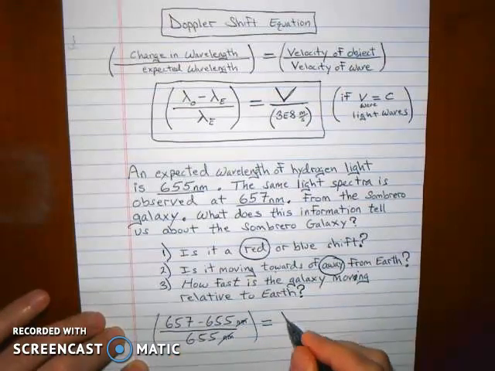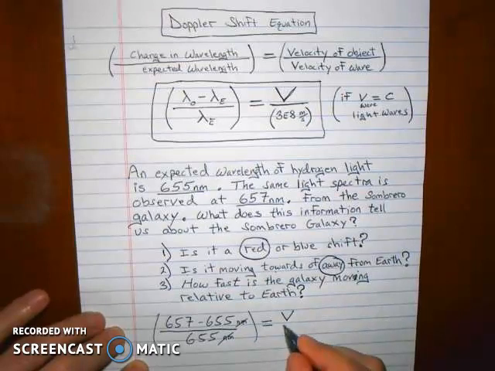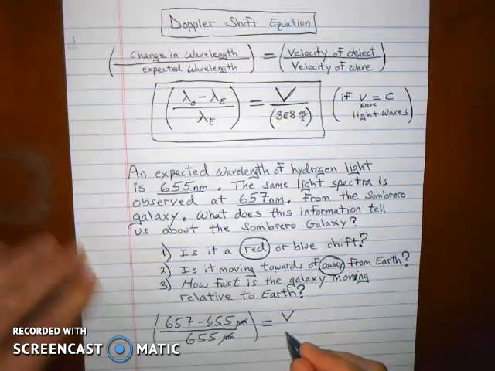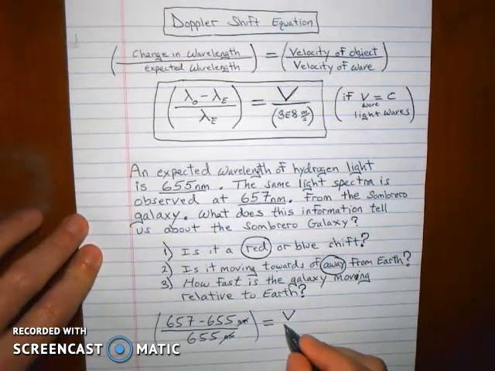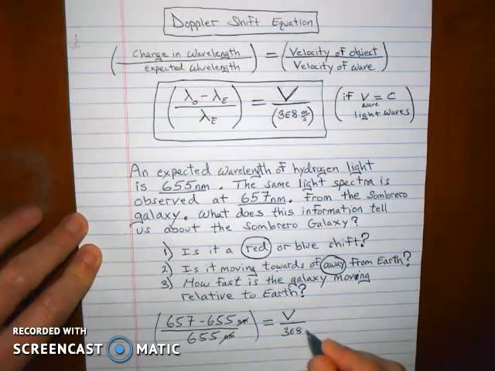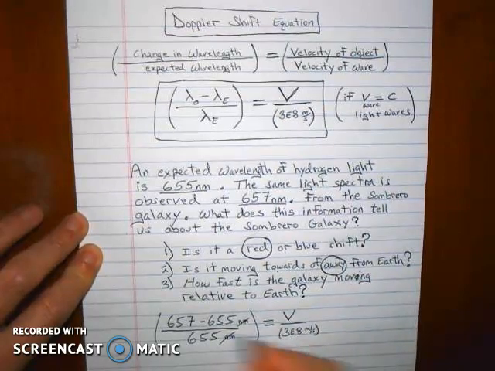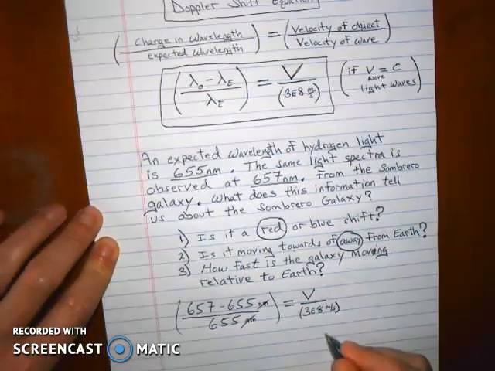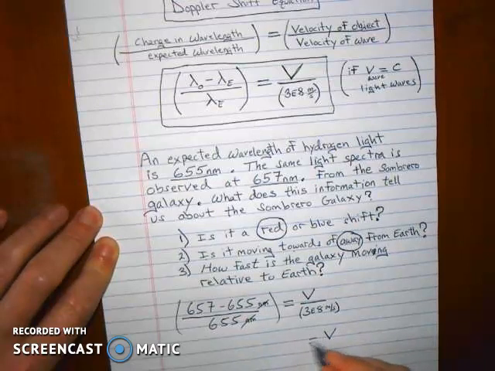In this case, the unknown velocity v, which we don't know, divided by the speed of light, 3 times 10 to the 8th meters per second. And to solve for this, if we know the speed of light, you can enter that as 3e8 on your calculator in units of meters per second. Just simply multiply that across, and you will have your answer.